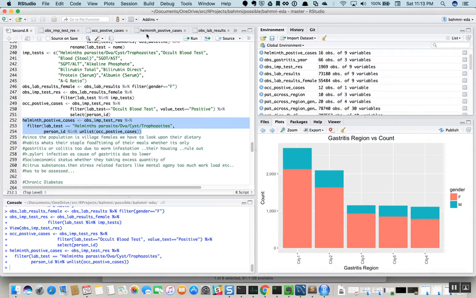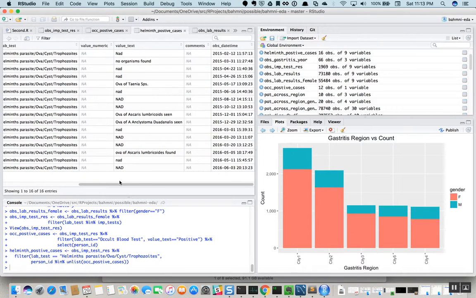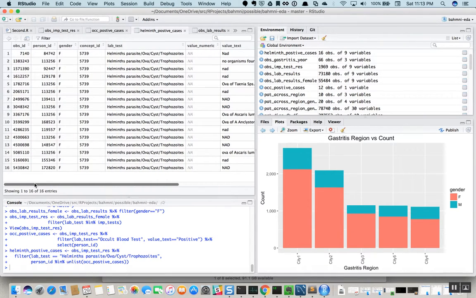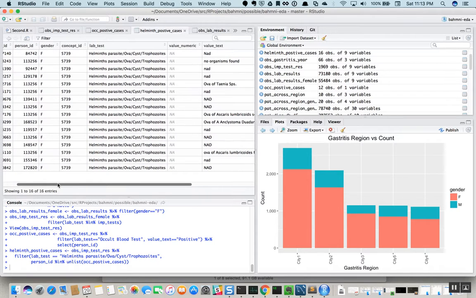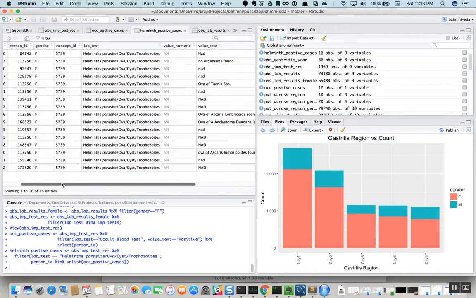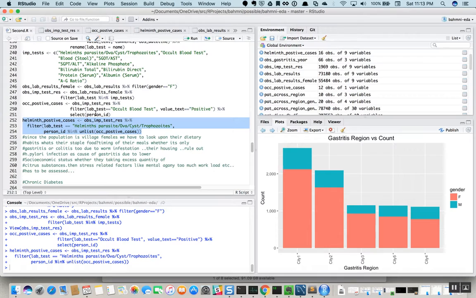If I look at it, the patients having occult as true do not have the Helminth results as positive. NAD means no abnormality detected or no organisms found. So we wanted to see if occult positive also gives a good indication of helminths being present, and we could not succeed in this particular case, at least with the data that we had.